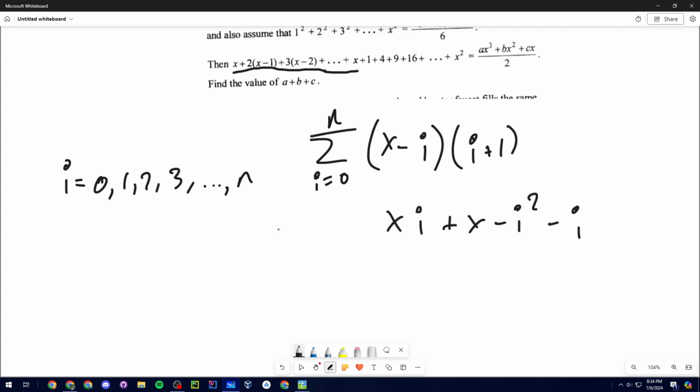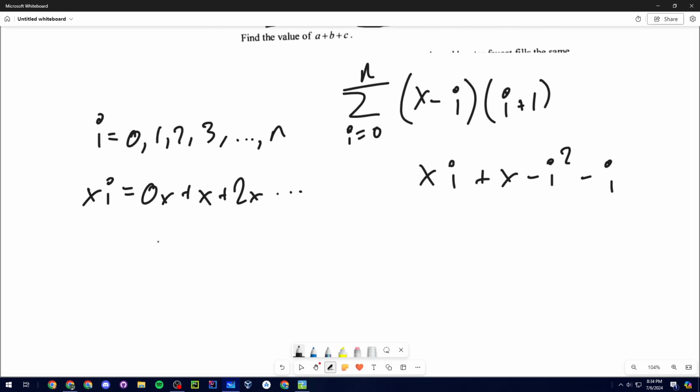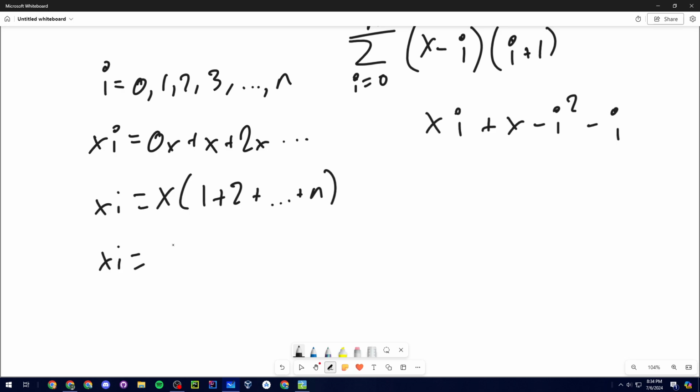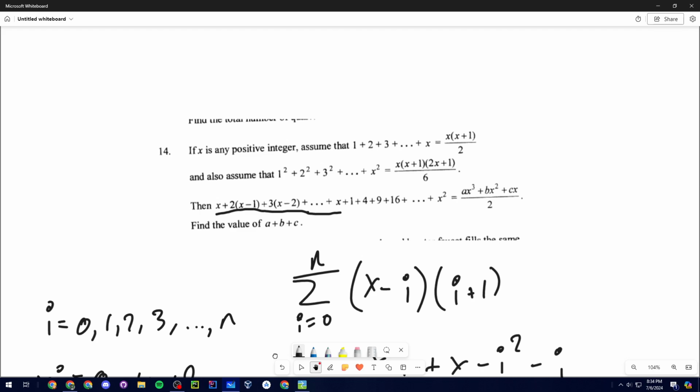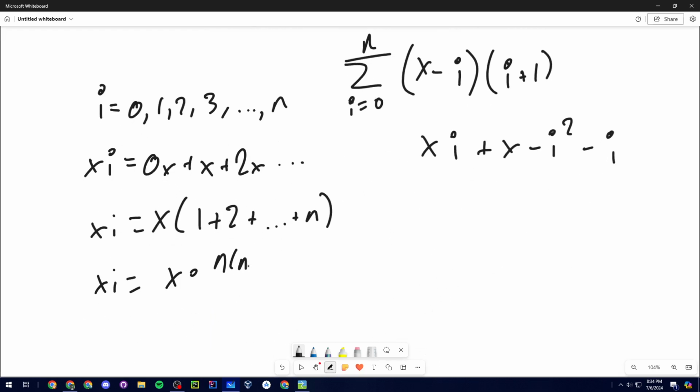So the sum of xi is equal to 0x plus x plus 2x, right? So that's just equal to x times 1 plus 2 plus dot dot dot up to n. So it's just equal to x times whatever definition it just gave you, n times n plus 1 over 2.